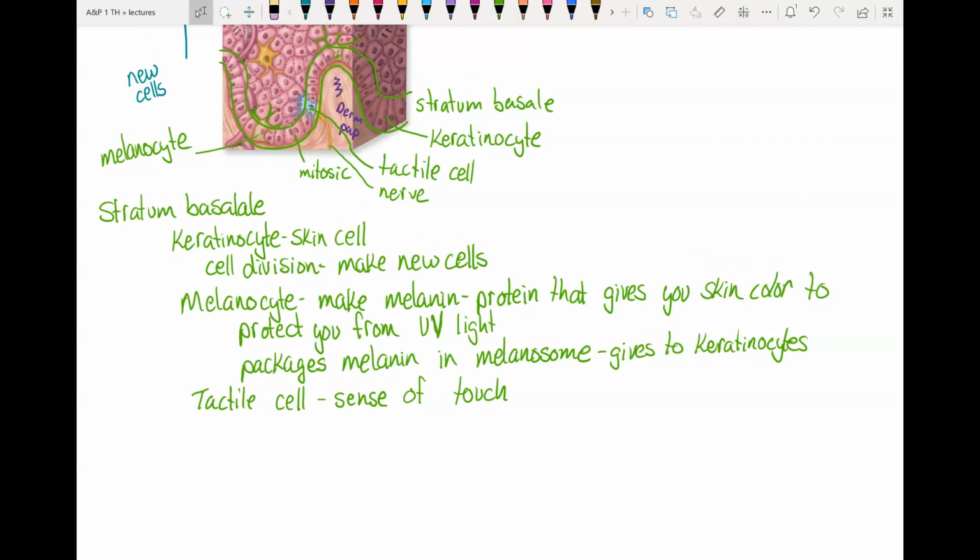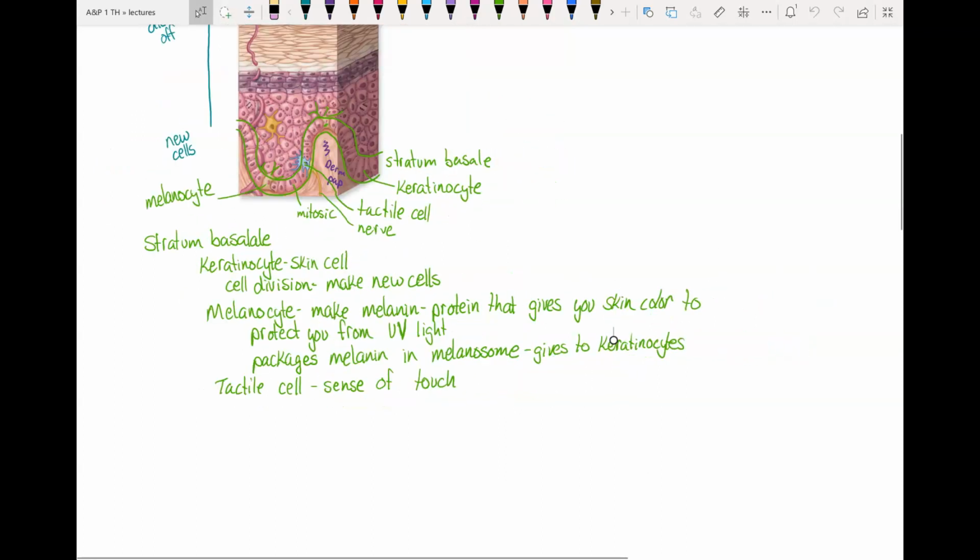So these are the cells that detect whenever something touches your skin, and they send a signal through that nerve to the brain. And one of the things we're going to do in lab is to map your tactile cells.